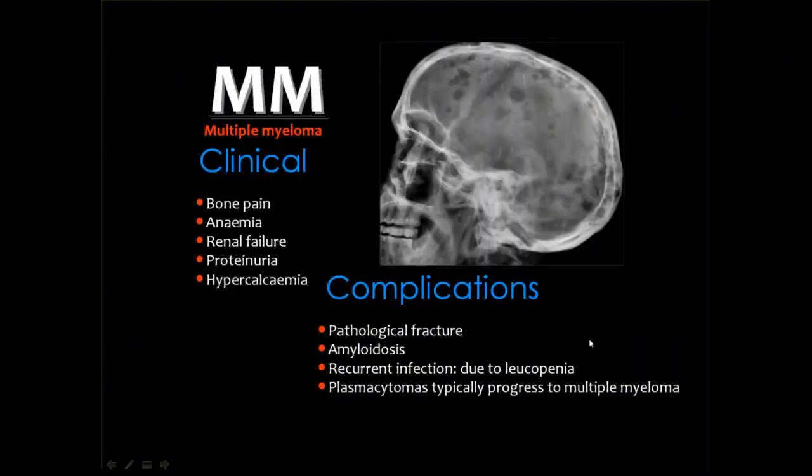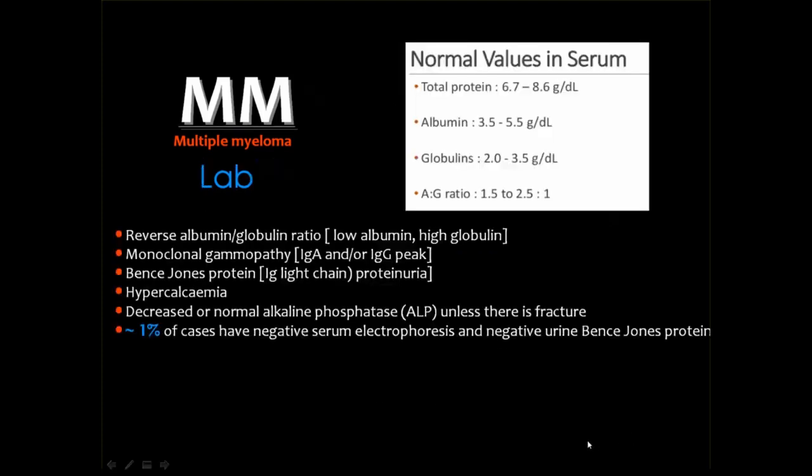Then, patients with myeloma may present with pain, anemia, renal failure, proteinuria, and hypercalcemia. The complications of multiple myeloma include pathological fractures, amyloidosis, recurrent infection due to leukopenia, and the plasmacytoma may develop into multiple myeloma.